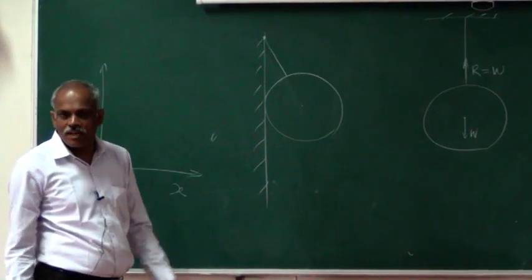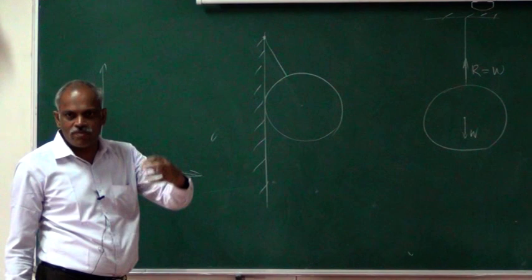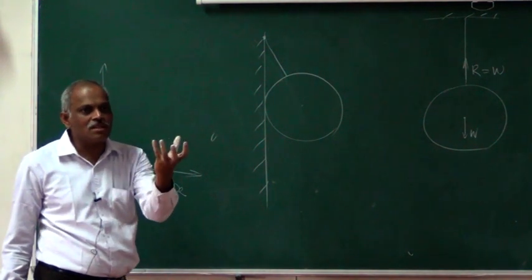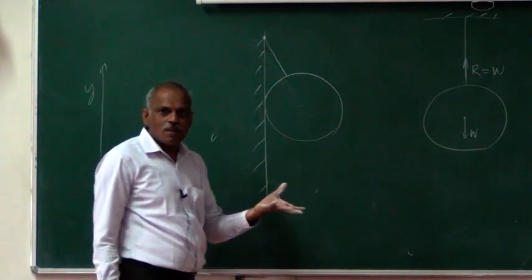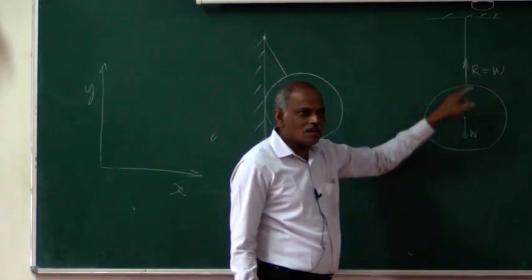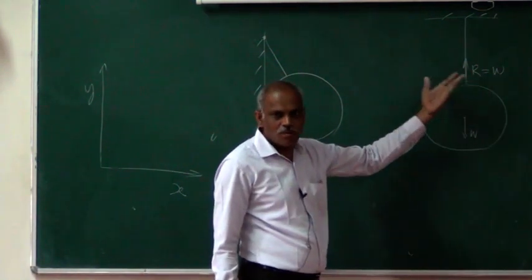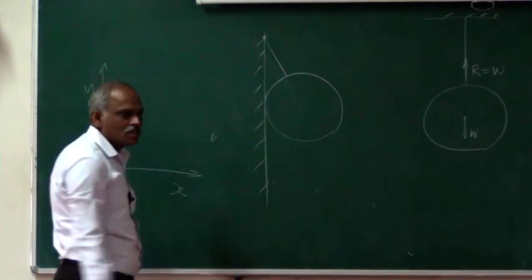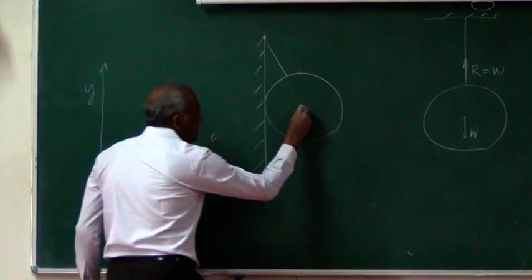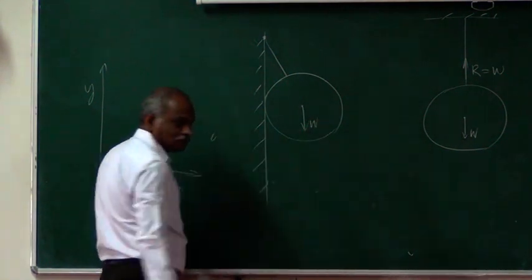Under the action of these two forces, we find that this ball is going to be in equilibrium, so this force is W and this has to be equal, opposite and collinear in action. Now about this situation, you have the weight which is acting downwards.